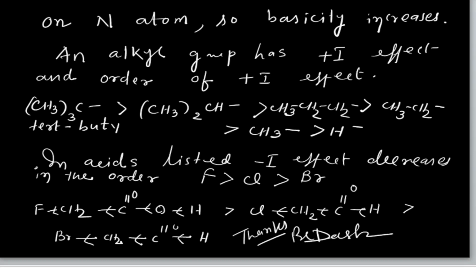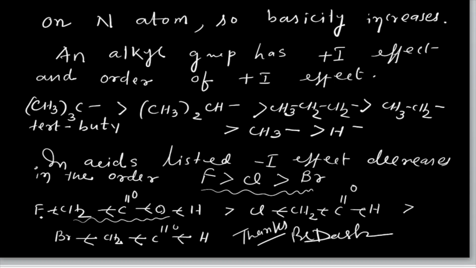Fluorine is the most electronegative. If fluorine, chlorine and bromine are attached, see how. Now here in acetic acid CH3COOH, fluorine is attached. Fluorine is withdrawing electrons, so the electron density moves from hydrogen, oxygen, carbon and the CH2 group towards fluorine.